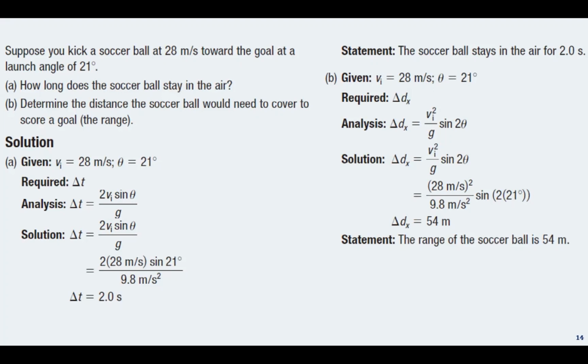And we need to find delta t. Okay, so we have delta t equals 2 vi sine theta over g, right? Then we know vi, we know theta, then put all the values in. Delta t equals 2.0 seconds. So the soccer ball will stay in the air for 2.0 seconds.